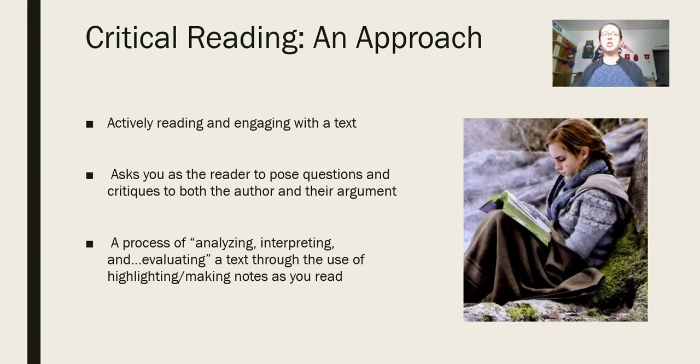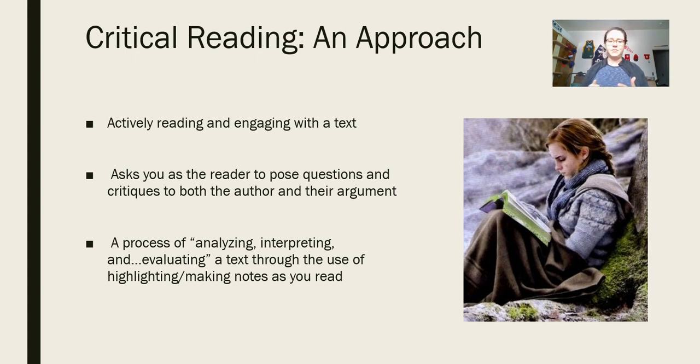Or, going back to the earlier example, if I'm writing on climate change and an article I find is about Northern California, how might these results be interpreted in Southern Utah and Nevada? So it really tasks you as the reader to not just passively go over the information, but to ask questions and to put in your own 2 cents as you go.